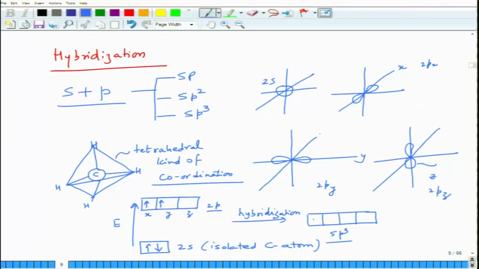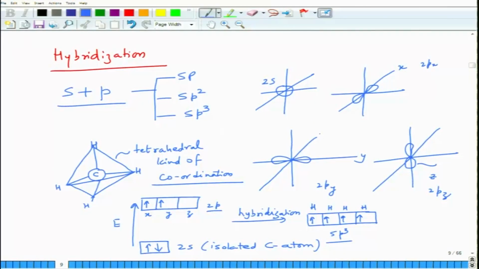You have 4 electrons here, each of them remains unpaired. So, this is what orbital hybridization is. Now one hydrogen will come and attach to it, another hydrogen will come and attach to it, and this hydrogen will come and attach to this. This is how you will make a methane molecule.